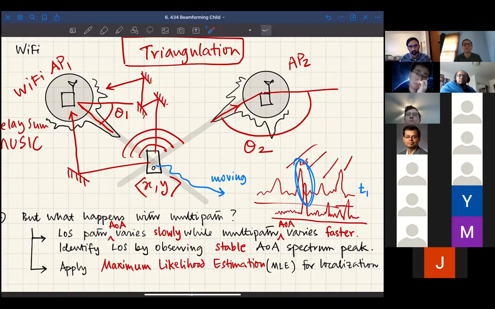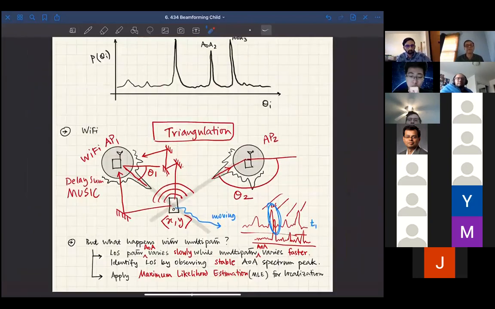Then you say the probability is low. When you get the right location for the phone, you will have the right angles and that probability will be higher. And thereby, you will figure out that that's the right location because those probabilities will get multiplied and will be much higher. Okay? So that is how you basically do triangulation.